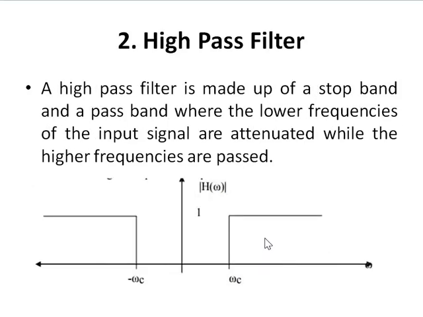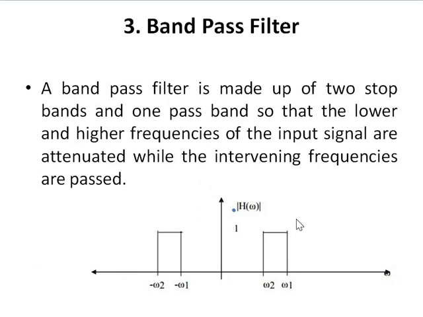Then coming to the next one, high pass filter. If you observe, the pass band is here, the stop band is here. That means it allows the higher frequencies and attenuates the lower frequencies, just the inverse operation of the low pass filter.